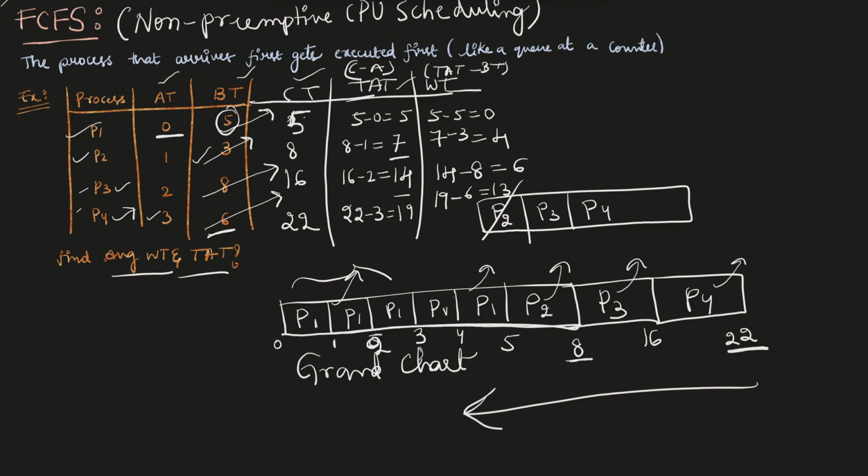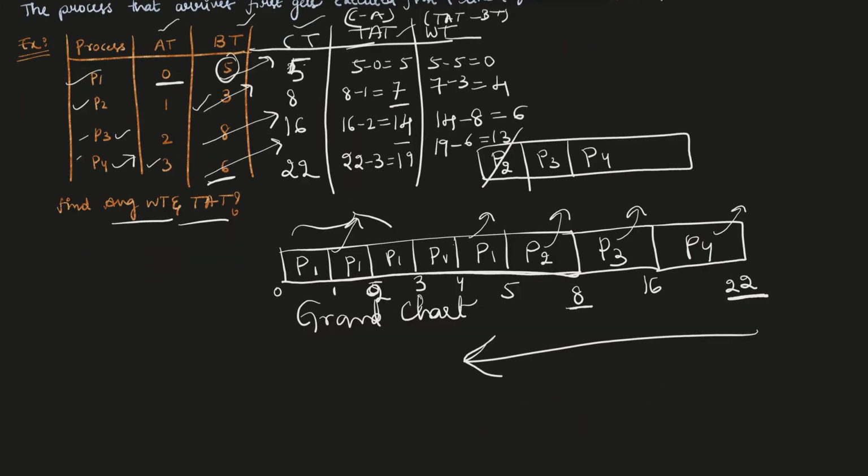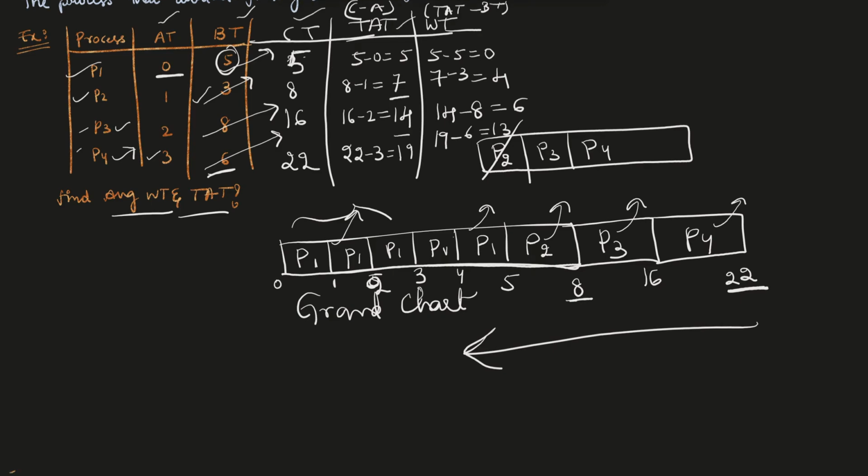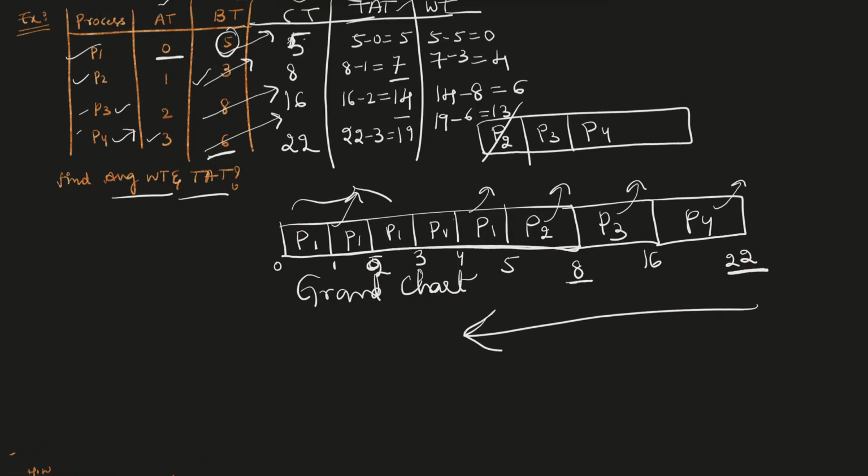So we have found the turnaround time and waiting time. What is our question? It is to find the average. Average is nothing but adding all of the following and dividing it by the number of processes. For average waiting time, we simply add all the waiting times, that is 0 plus 4 plus 6 plus 13, divided by 4.